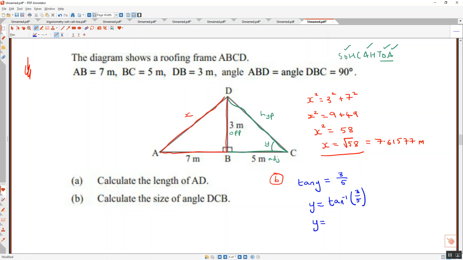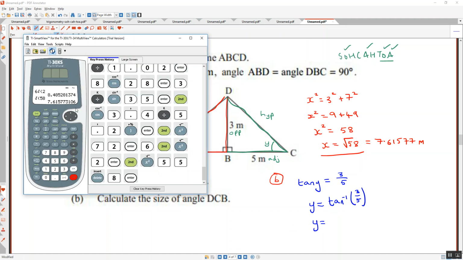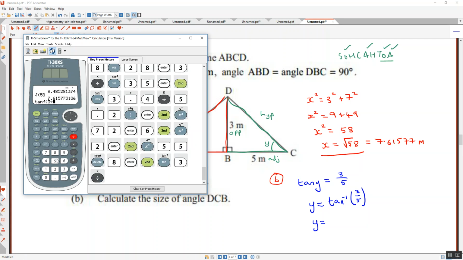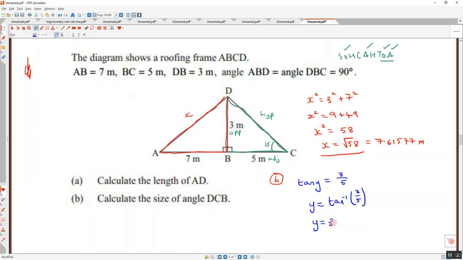So y is equal to 30.96. Because it's an angle, I'm going to give it to the nearest degree, so 31 degrees.